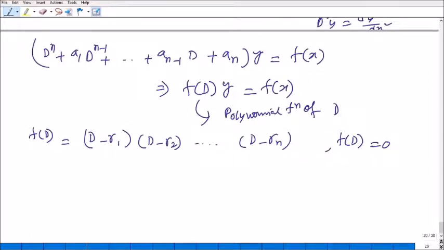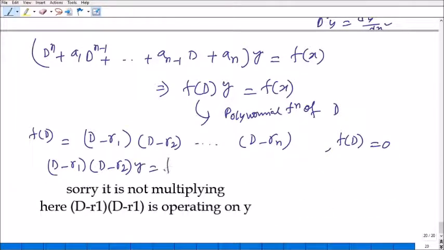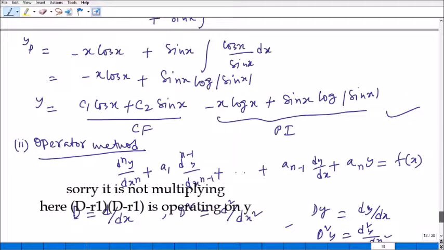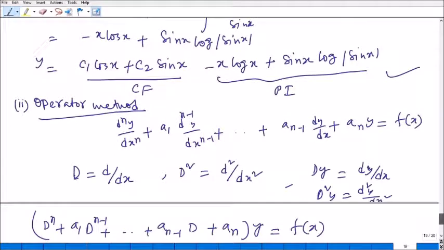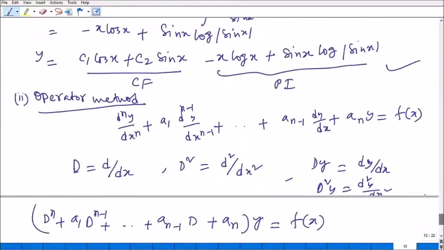So for a second order differential equation, it will have only two roots, that means it will have (D - r1)(D - r2) y equal to f(x). We can obtain this from the expression for a second order derivative, where n equal to 2.